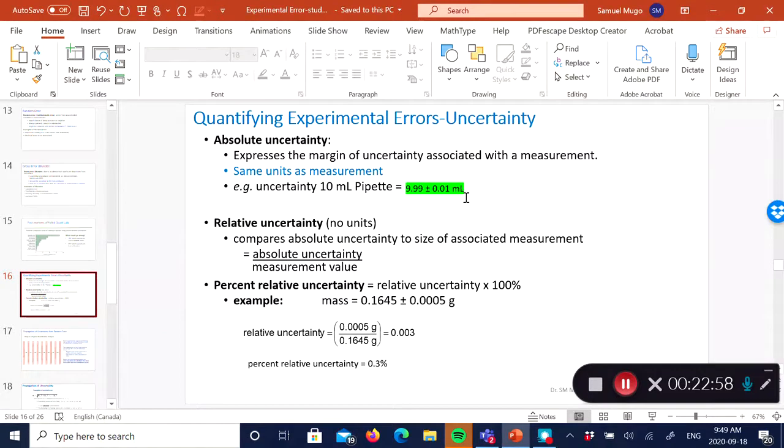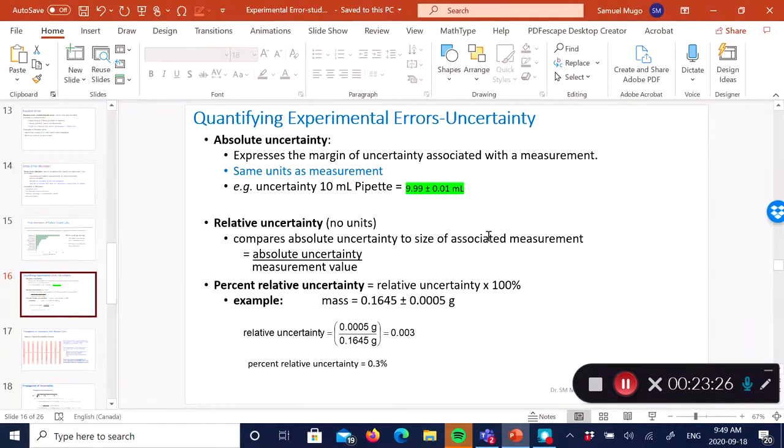It has the same units as my measurement. On the other hand, you've got the relative uncertainty, which is simply a ratio of the absolute uncertainty divided by the mean, by the measured value. So in this case, it would be 0.01 divided by 9.99.